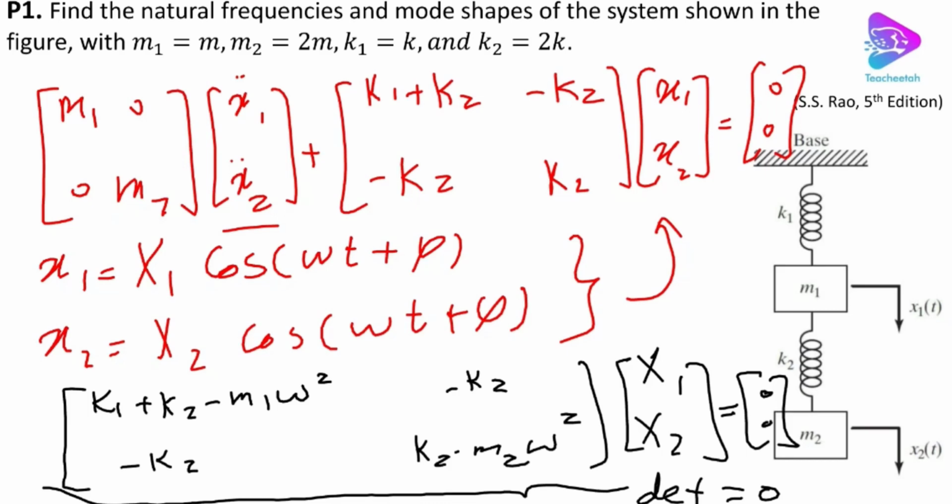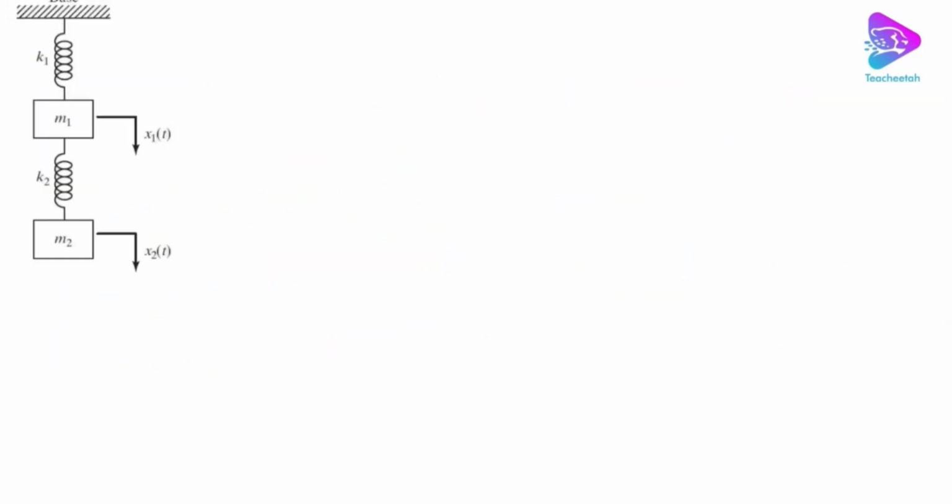I'm sure that you could simply recover that from the previous tutorial. So we found the determinant, set it equal to 0, and this is the equation we ended up with, which in differential equations is known as the characteristic equation.